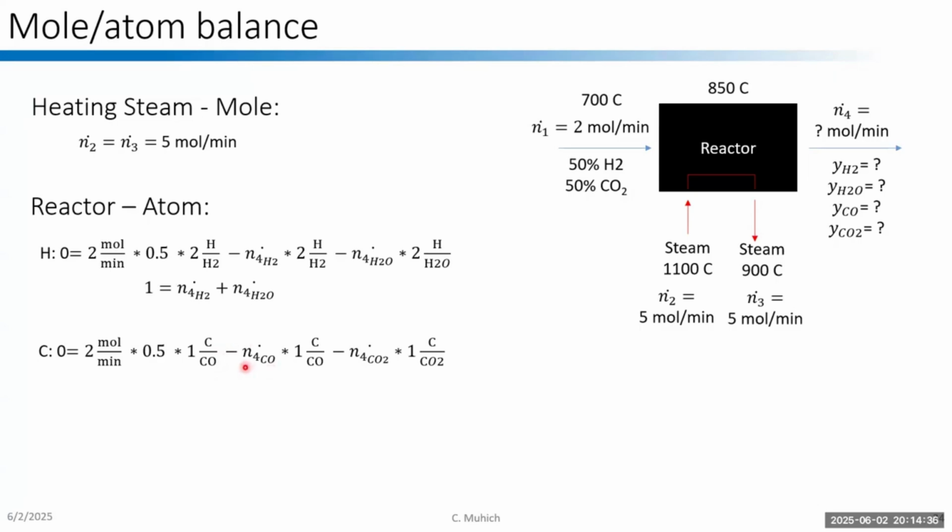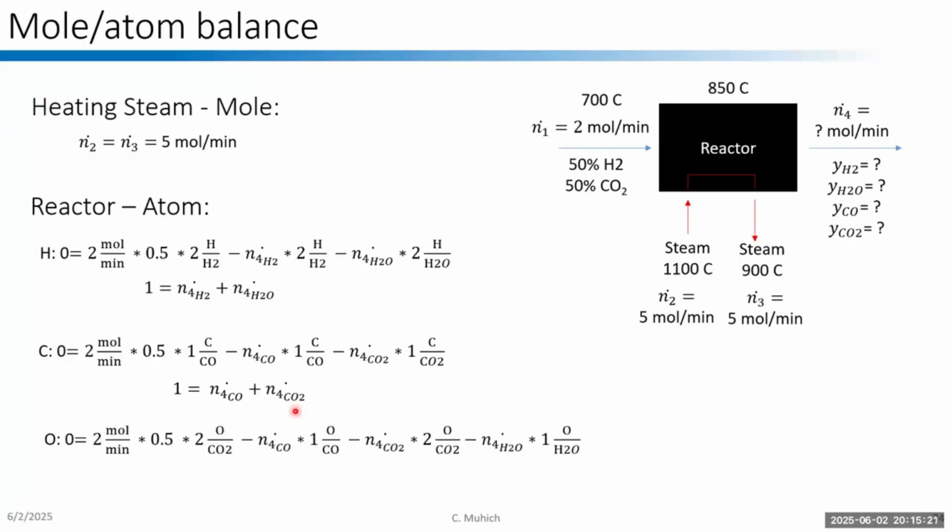And then leaving the system, I have the molar flow rate of CO in stream 4, with 1 mole of carbon per mole of CO. And then I have a flow rate of CO2, 1 mole of carbon per mole of CO2. So in the end, I'm left with 1 equals the molar flow rate of CO in stream 4 plus the molar flow rate of CO2 in stream 4.